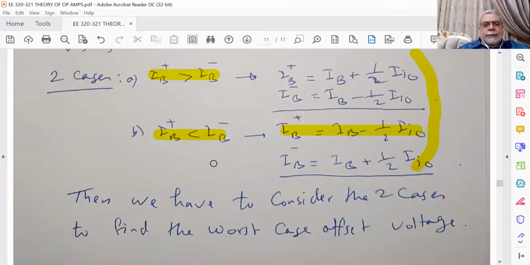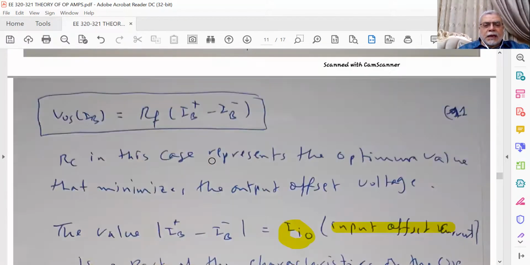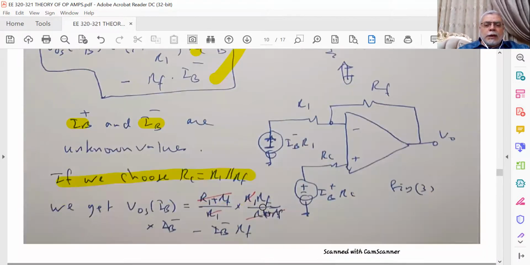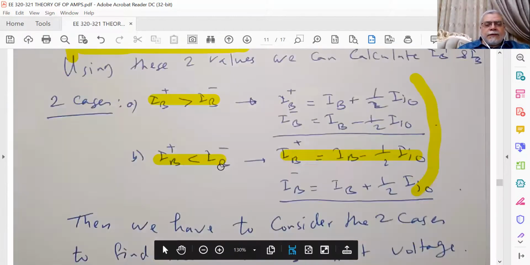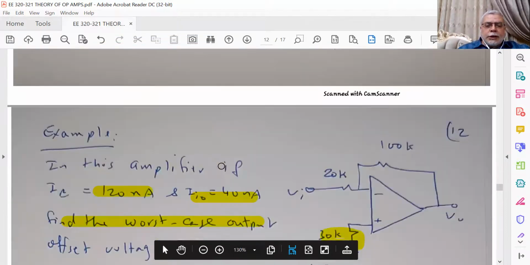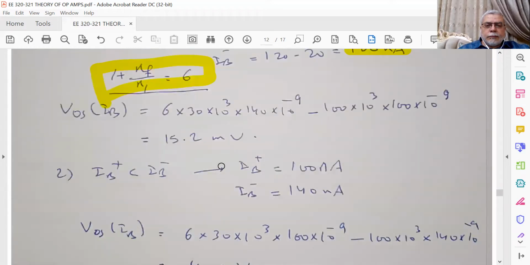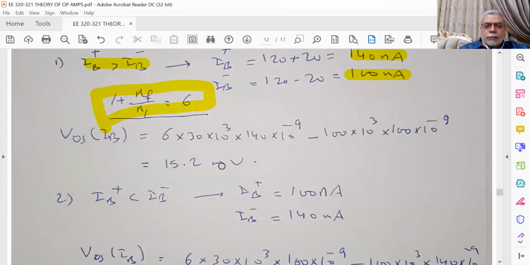Using this general expression, we will get the V offset due to IB equals 6 multiplied by 30 times 10 to 3, multiplied by 140 times 10 to minus 9, minus 100 times 10 to 3, which is RF, multiplied by 100 times 10 to minus 9, which is IB minus.